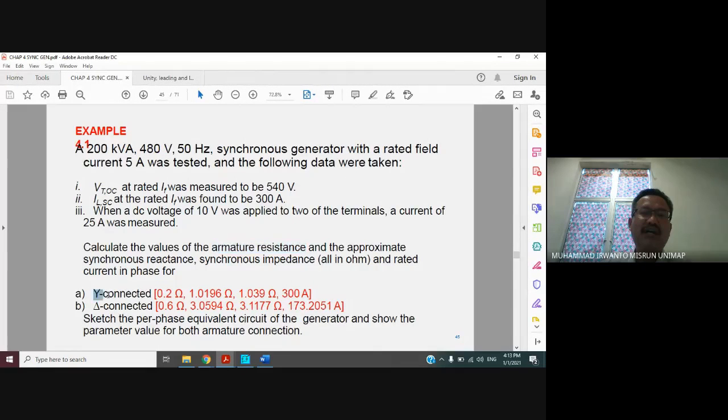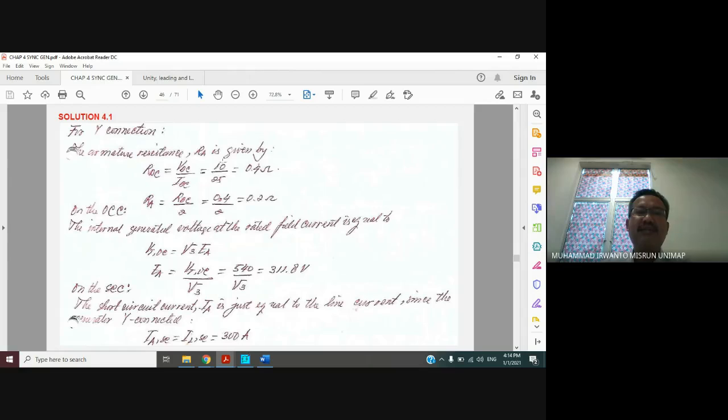Now, for the Y connected, remember from the DC voltage source, first we have to find the value of RDC. RDC is equal to VDC over IDC, 10 divided by 25, which is equal to 0.4 ohms.